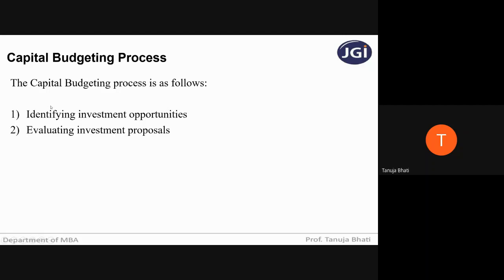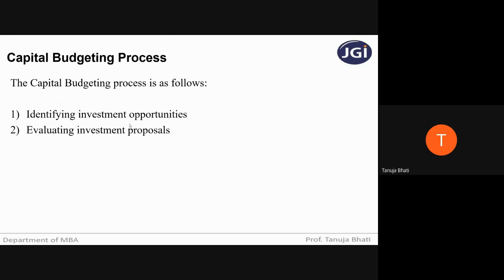Once the company has identified the investment opportunities available, it has to evaluate that particular investment proposal. Like in my previous point, for example, suppose it is going to add two more products to its product line. Once it is decided that the new product should be added to the product line, the next step is to decide how to acquire these products.